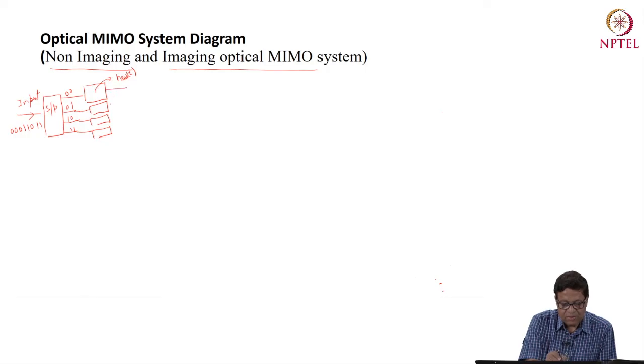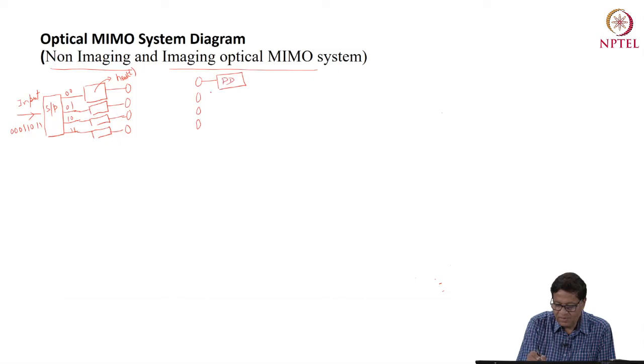And this output, which is now optical output, you can have some sort of optics here. On the other side, you have the receiver. So this is some optics here, concentrator gain or whatever you want to have.